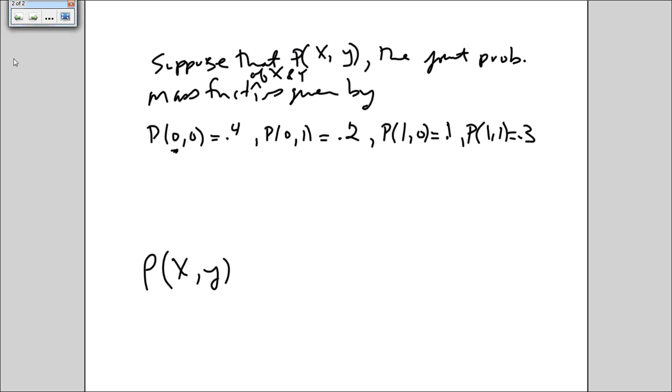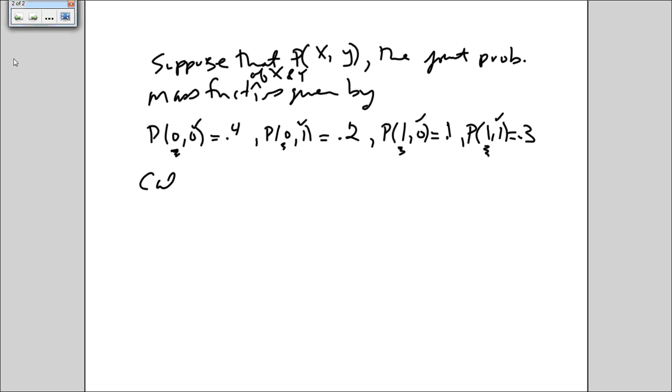In any case, x takes on the values 0 and 1, and coincidentally the y values also take on 0 and 1. The x's and y's did not have to take on the same values.